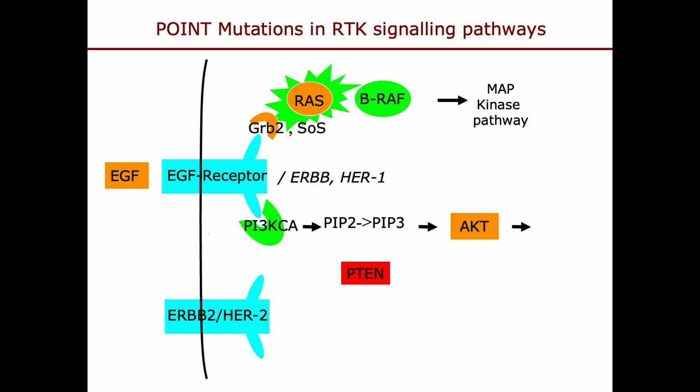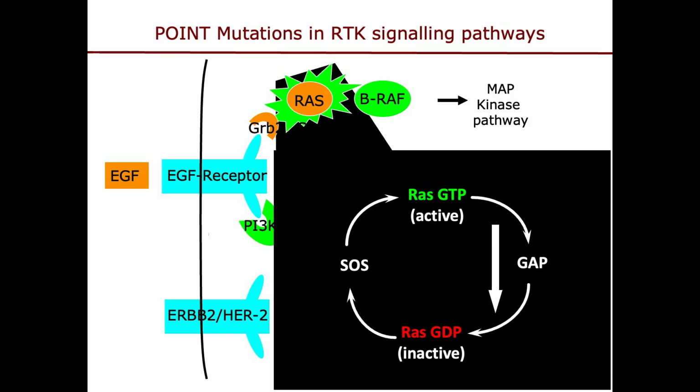RAS is perhaps the best known of all these point mutated proteins. RAS is a GTPase which is activated by binding GTP, and when in the GTP bound form it's active in signaling to RAF, and it has a GTPase activity built into it which hydrolyzes the GTP to GDP, and in that form it's inactive.